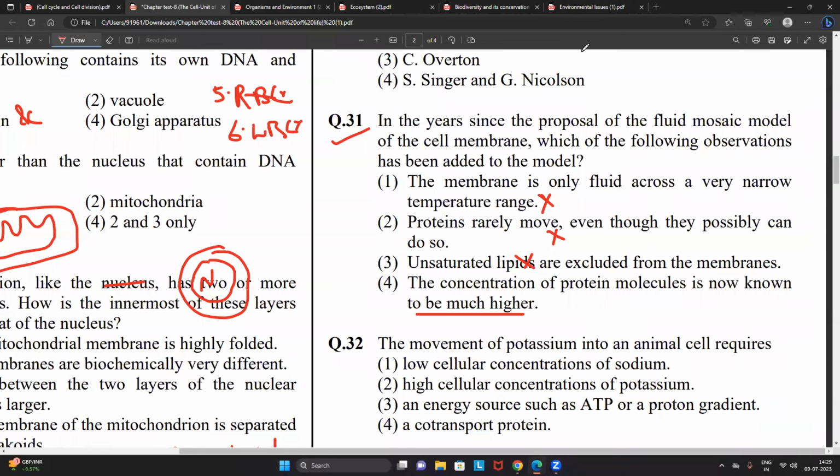Now, please answer my question, any one of you. Which protein molecule? My question is very simple. Give me an example of a cell where the concentration of proteins is more in the plasma membrane compared to the lipids.